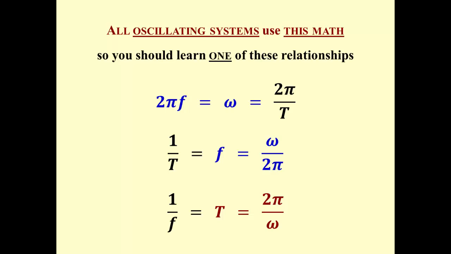What you shouldn't do is learn an equation that's got other things in it. You should learn this basic equation so that if you know omega, you can calculate the frequency or the period. If you know the frequency or period, you can take the reciprocal to get the other one. That reduces the number of equations you have to learn into a very simple set that you'll always use correctly when you need to use one of them.